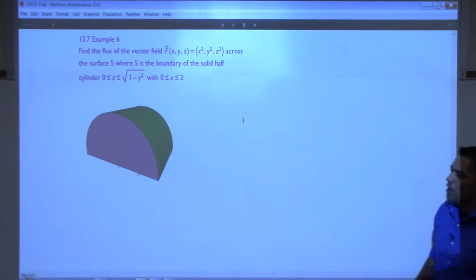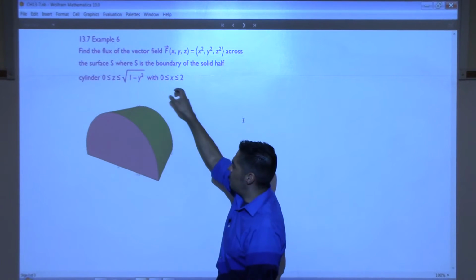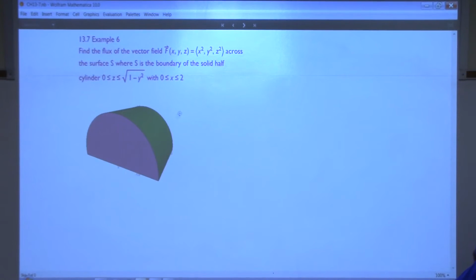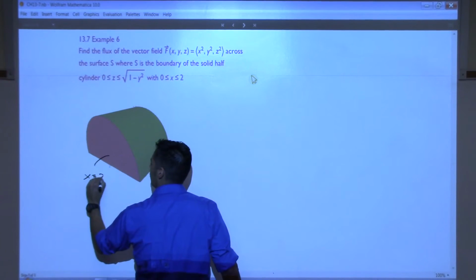And we broke this one into 4 surfaces. It was the front side, the back side, the bottom, and this top piece, right? And I'll remind you what each of these were. I'll just put them up here. This front surface was x is 2.